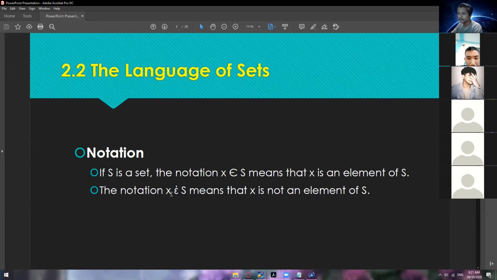So in here, X is not an element of S or vice versa. So we only have two, an element and then not an element. So for example, 35 is not an element of set S since set S contains only 1 to 10.